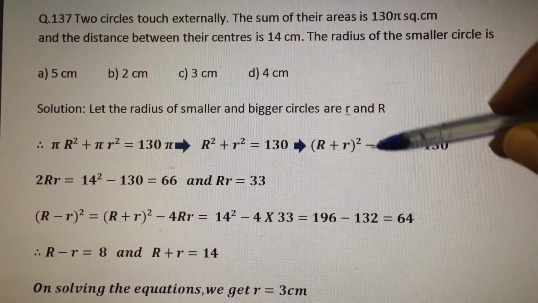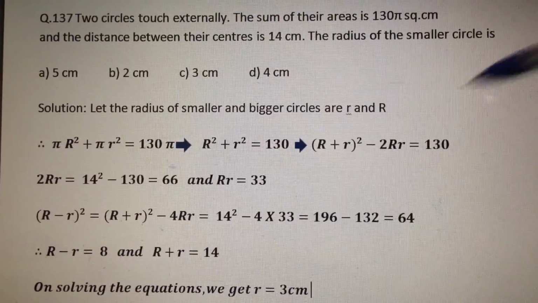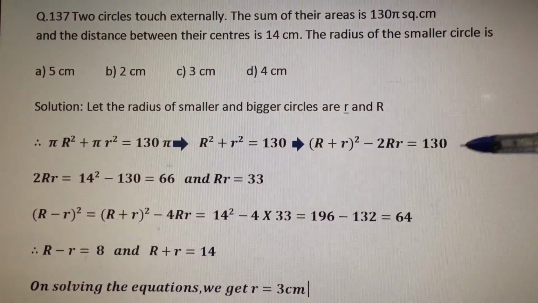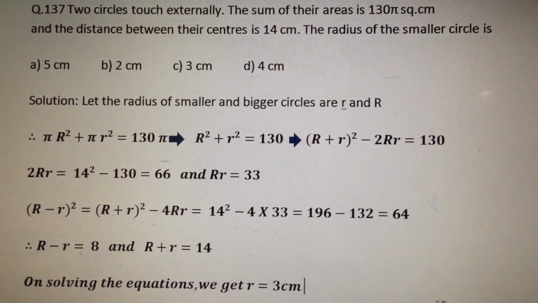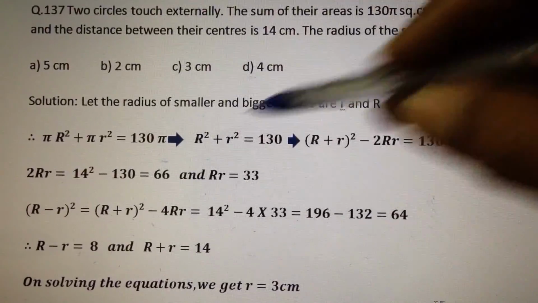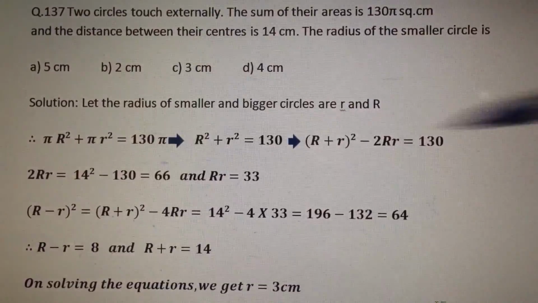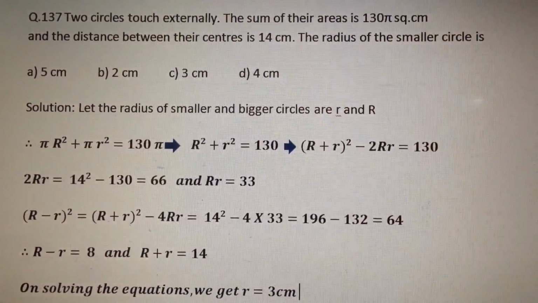Therefore, r plus R whole square minus 2rR is equal to 130, and 2rR is equal to r plus R whole square minus 130. We know the value of r plus R, which is 14 centimeters. Therefore, 2rR is equal to 14 square minus 130, which is equal to 66, and rR is equal to 33.